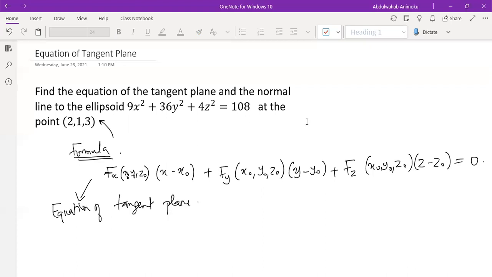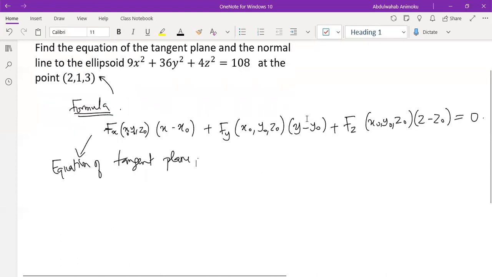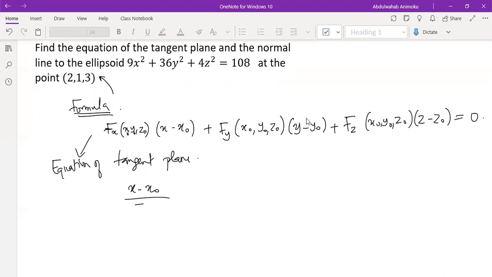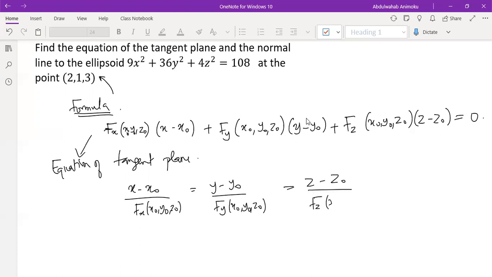Okay. Now, secondly, the equation of the normal line will now then be given as x minus x naught divided by fx, equal to y minus y naught over fy, equal to z minus z naught over fz.